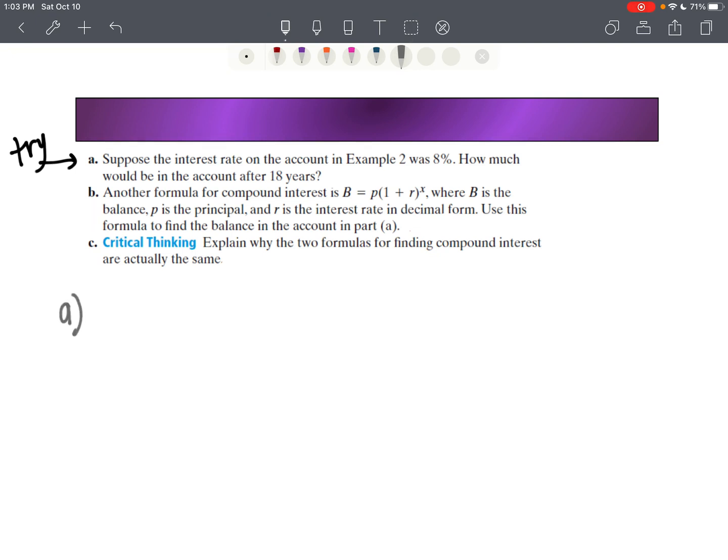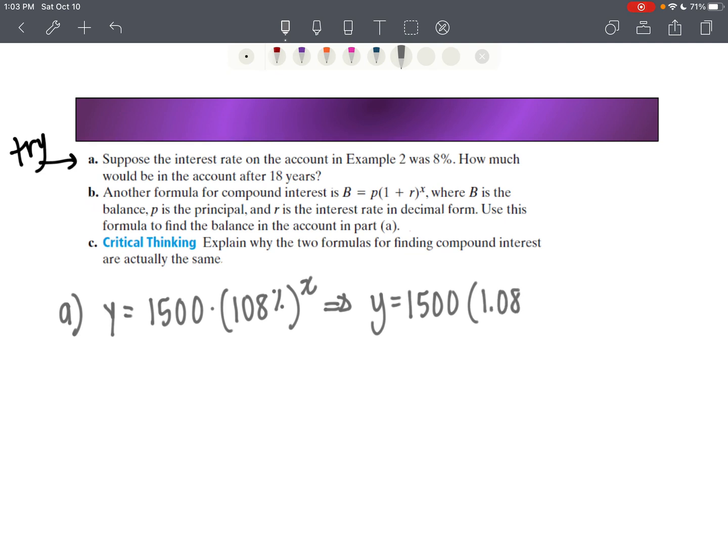Okay, in part A, if the interest rate is 8%, I would have y equals 1,500 times 108% raised to the x power, which is y equals 1,500 times 1.08 raised to the x power. I'm going to make x 18, and that's going to be approximately $5,994.03.